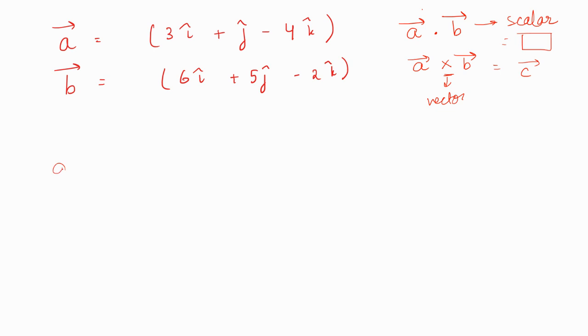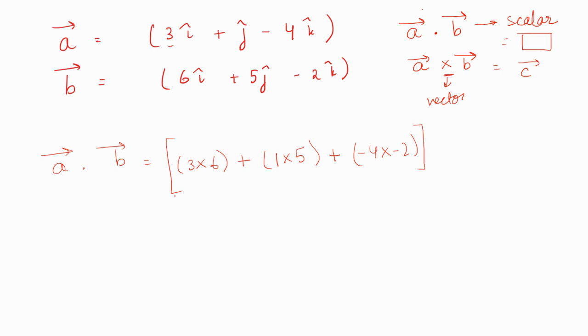So to find A dot B, I multiply the I components, J components and K components, and add them. So I'm going to multiply 3 into 6, plus 1 into 5, plus minus 4 into minus 2.